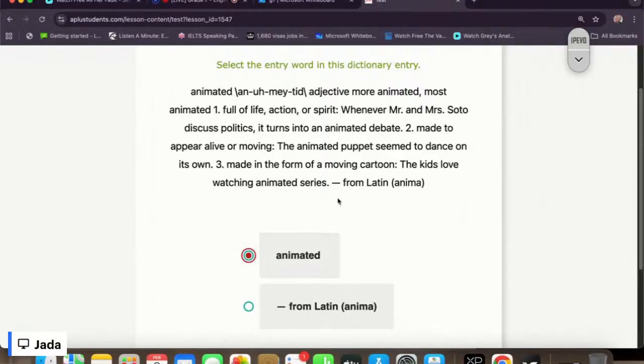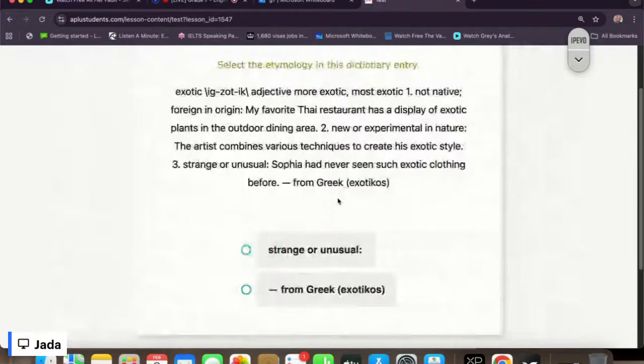Okay, we have animated. Then select the etymology in this dictionary entry, first to second.